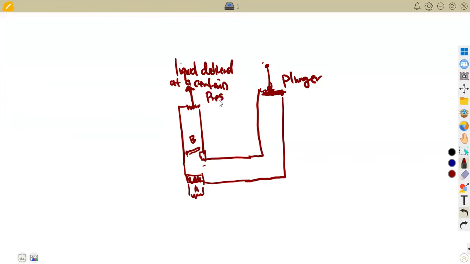Then here you'll be having the liquid to the reservoir, that is to the reservoir in this case. All right, in actual sense, that is the idea of what is happening here.